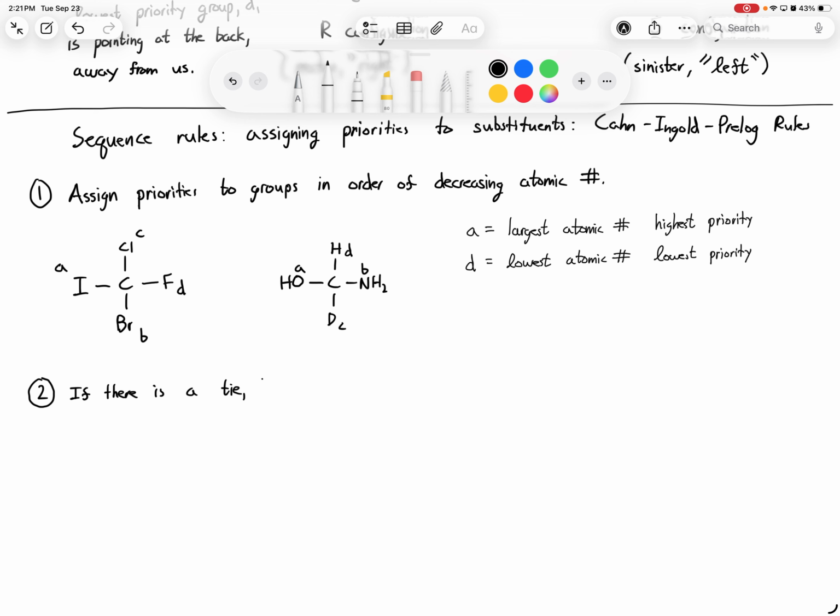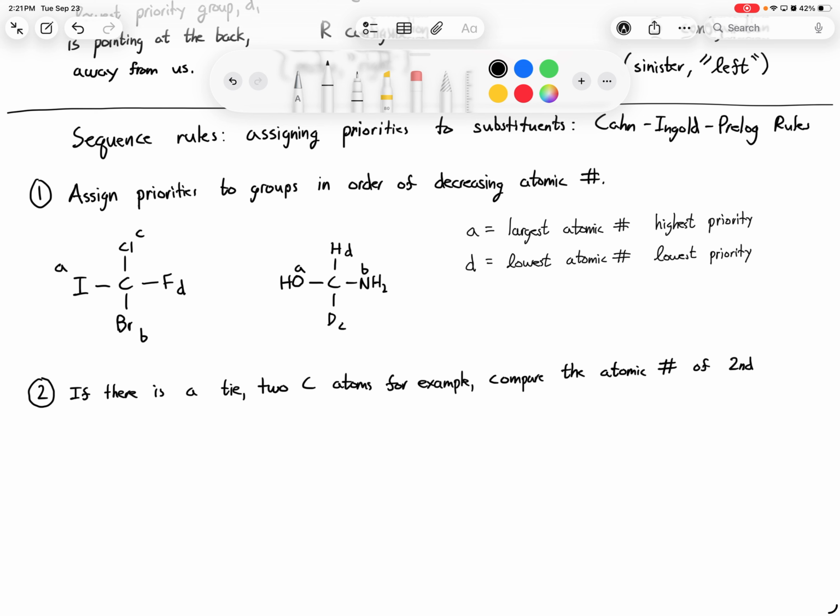So, for example, two carbon atoms, you're going to compare the atomic number of the second atom.